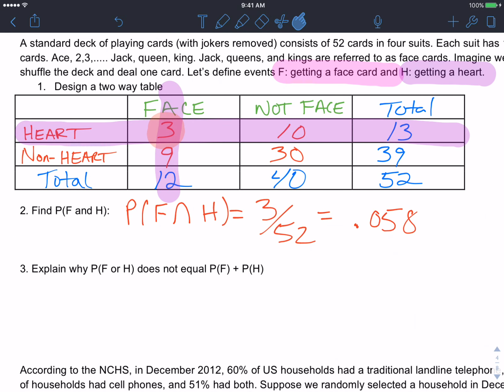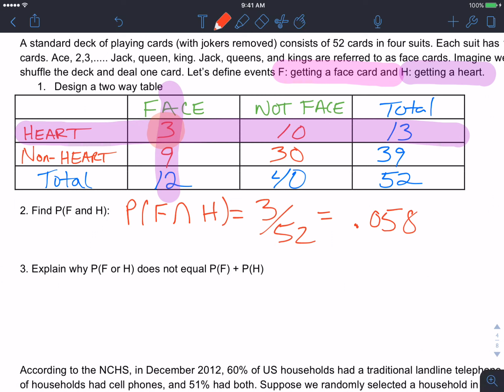The next part says explain why the probability of face or heart does not equal the probability of face plus the probability of heart.